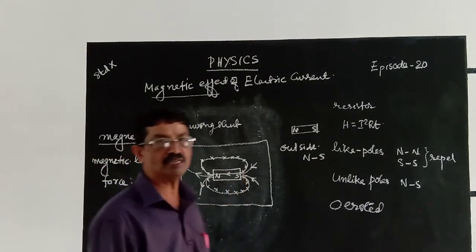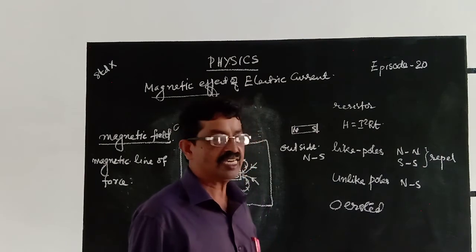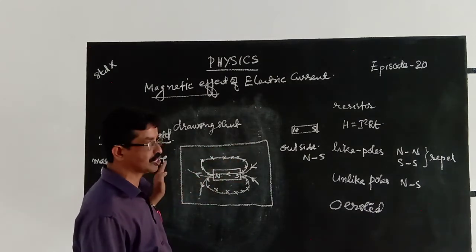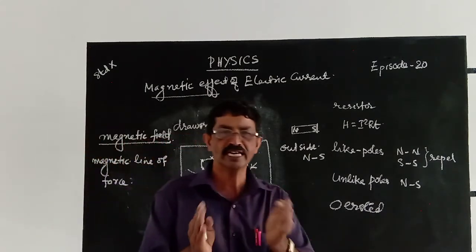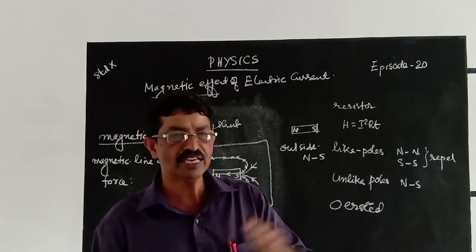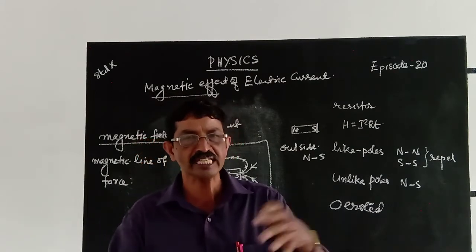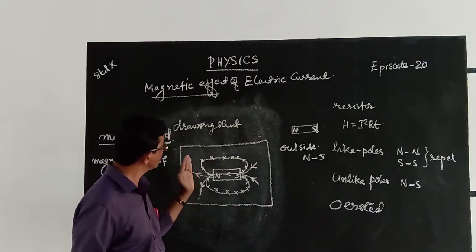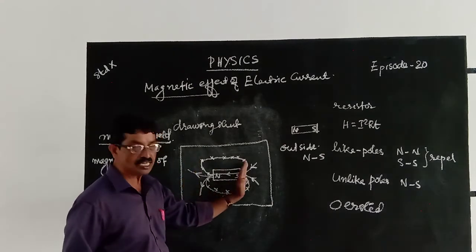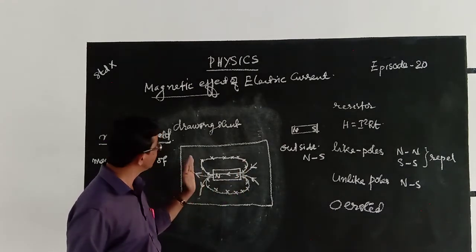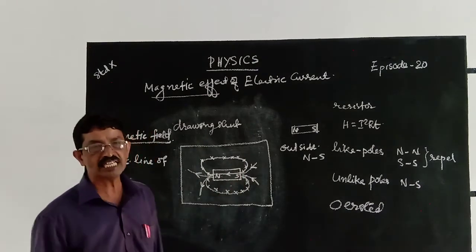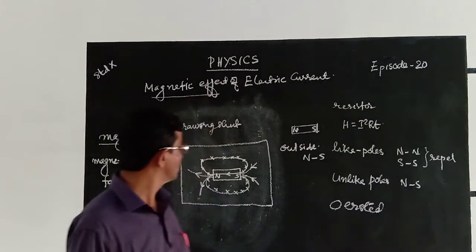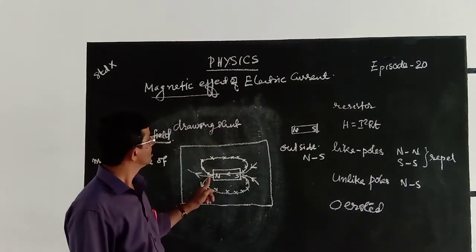The strength of the magnetic field we can say is the degree of closeness of the magnetic lines of force. Where the degree of closeness of the magnetic lines of force is more, which we can observe near the poles, there the strength of the magnet is more.